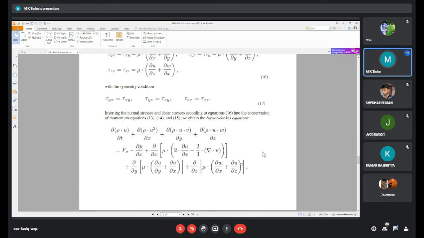Till now we have not taken the fluid flow as incompressible. This is the generalized Navier-Stokes equations.